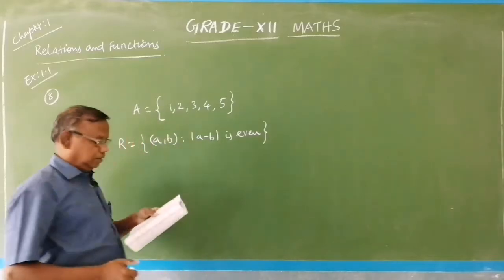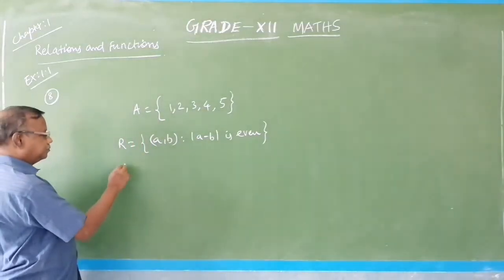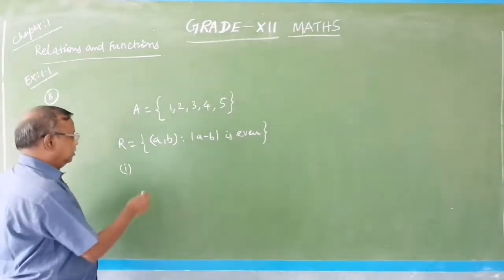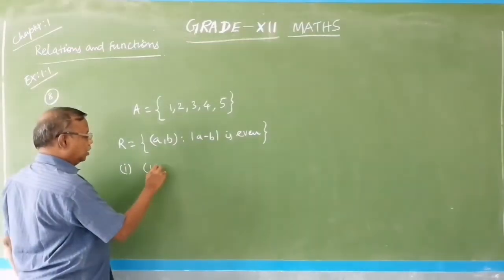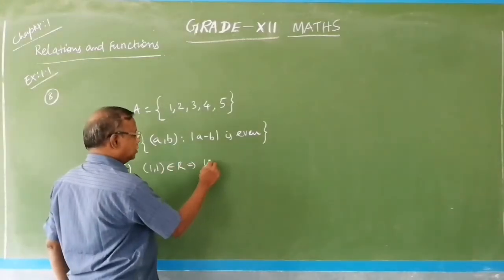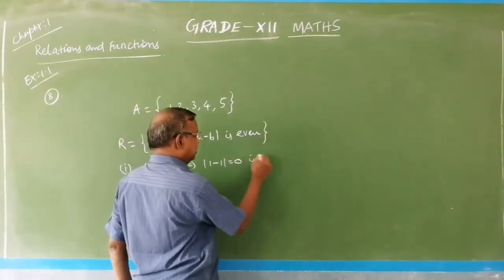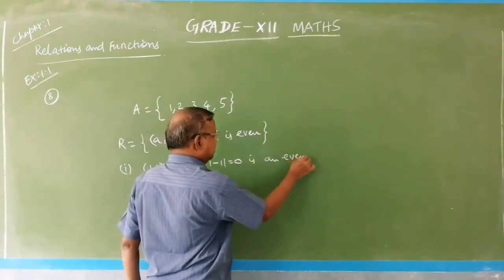The first one, (1, 1) belongs to R. Why? Because modulus of 1 minus 1 equals 0, and 0 is an even number.